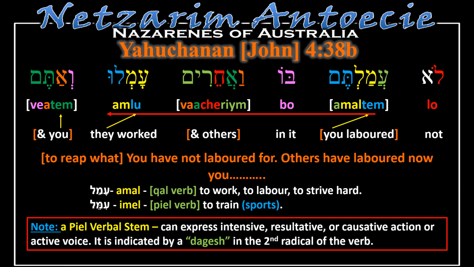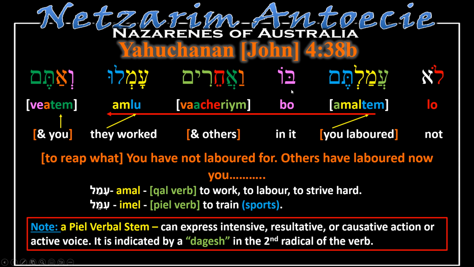Now, what I want to establish there is when we say labored, it's often translated worked, but it's far more than that. The amal does mean to work, to labor, but it literally means to do hard work, strive hard. So hard labor would be a better translation. You labored hard or extreme.